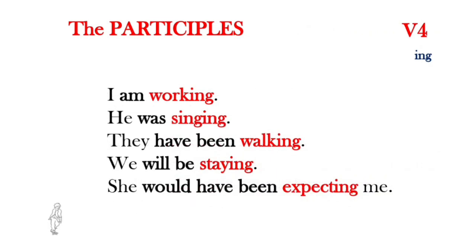Then let's see verb 4, the participle, V4 ing form. I am working, he was singing, they have been walking, we will be staying, she would have been expecting me. See here, these are all verb 4. The present participles are called non-finite verbs.